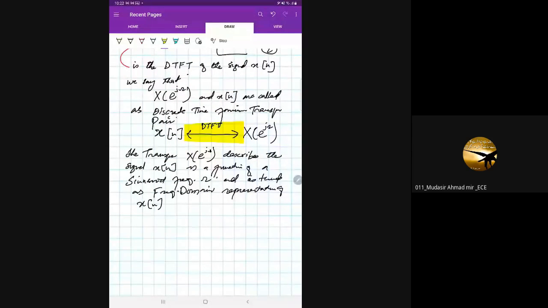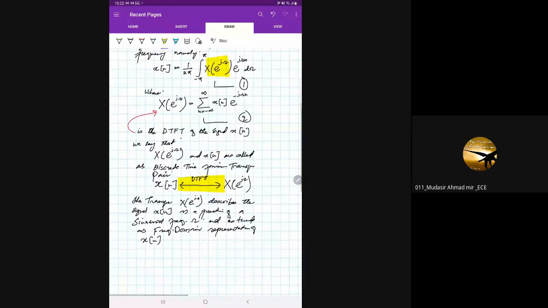That means it is dependent on omega. When we do an example and plot this, I will explain this term in a better way, what that means. And it is generally known as the frequency domain representation of x of n.